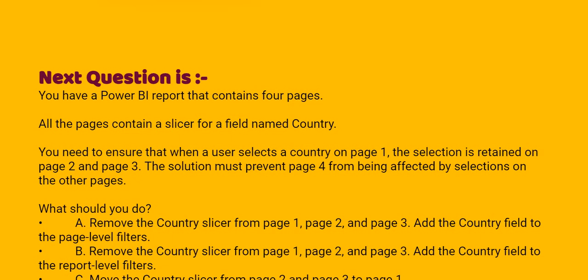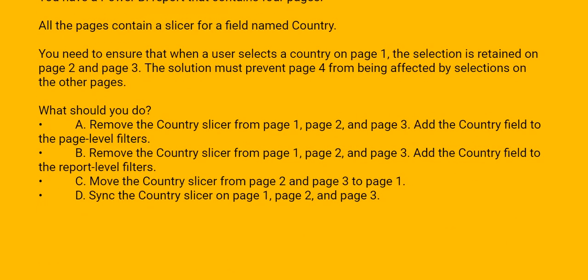Option A, remove the country slicer from page 1, page 2 and page 3. Add a country field to the page level filters. Option B, remove the country slicer from page 1, page 2 and page 3. Add a country field to a report level filter.